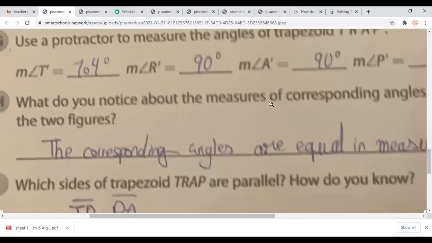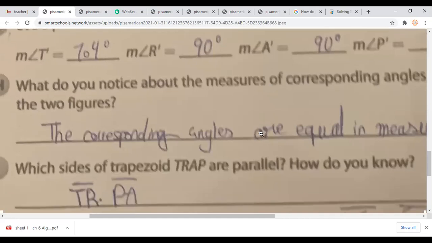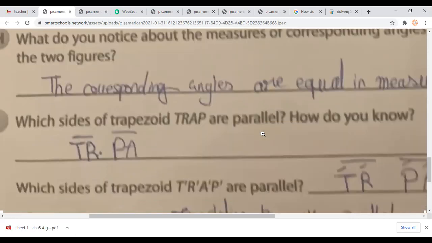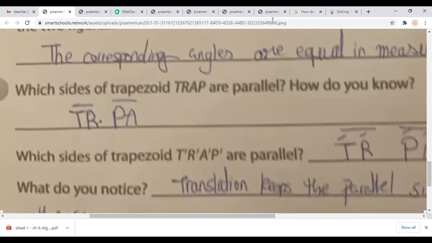What about question number I? Which sides of trapezoid TRAP are parallel? Which sides here are parallel? Who can tell me? Which two sides are parallel? Yes, Maya.